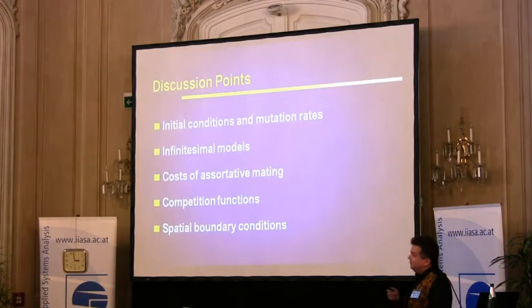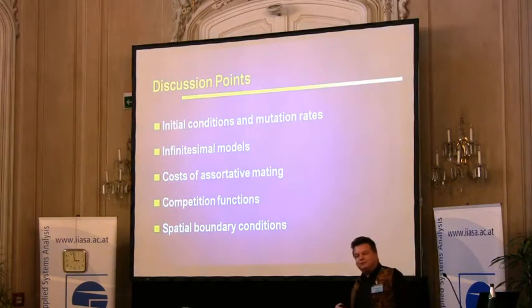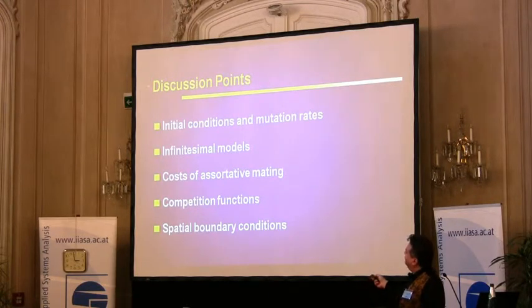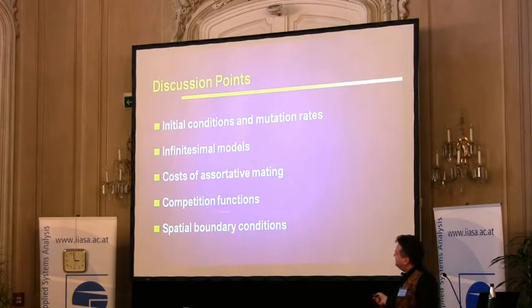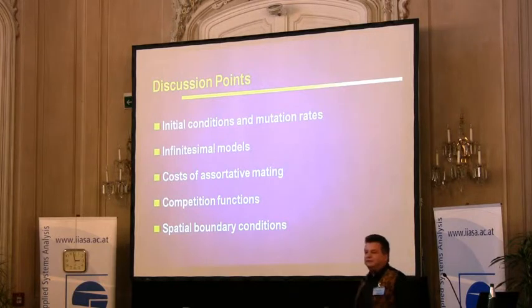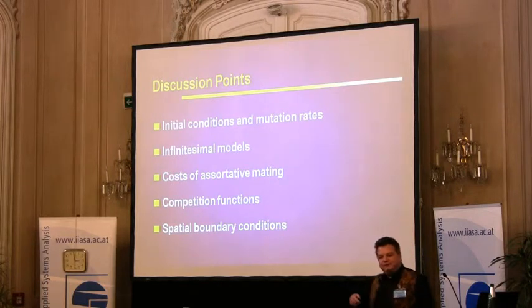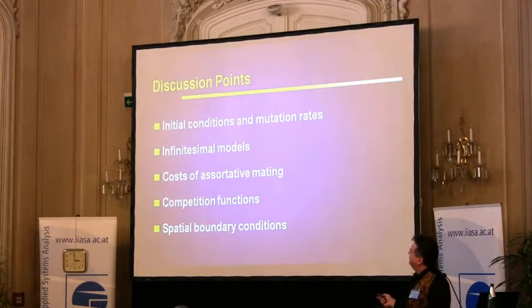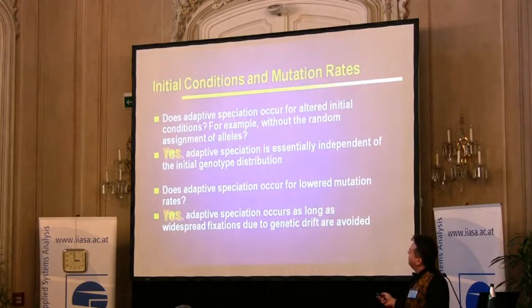Because these models have now received a high degree of scrutiny, which of course is good to make sure that we have done nothing wrong, and people have looked at initial conditions and mutation rates, at infinitesimal models, at costs of assortative mating, at competition functions, at spatial boundary conditions, and so on. I don't have the time really to explain all this in great detail, but I would like to tell you a few things here. So one question is, does adaptive speciation occur for altered initial conditions?